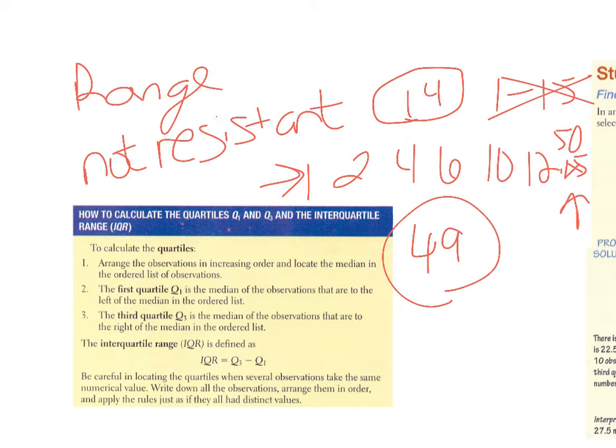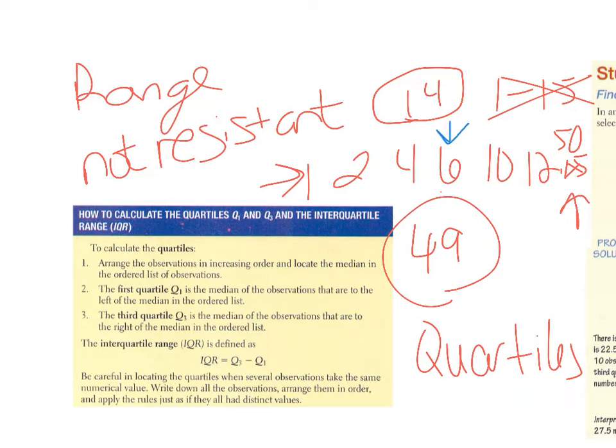So to help avoid that, we can look at quartiles. And when we're looking at quartiles, we are basically looking at the middle chunk of the data, the middle 50% of the data. So we have 7 data points here. So here is our middle data point right here.